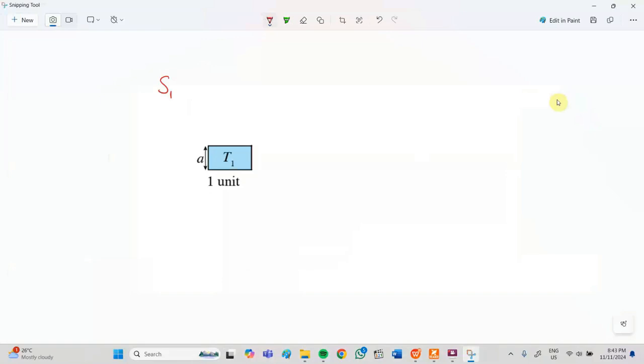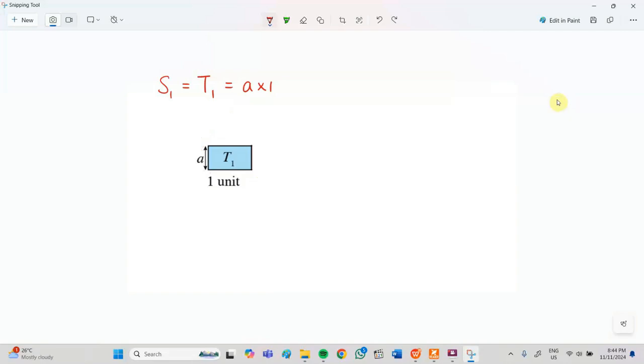For example, S1, the sum of the first term, is actually T1 itself, which is also denoted by the symbol A. And A can be written as A times 1. And A times 1 can also be represented by this rectangle here, where A is the height and 1 is 1 unit of the length here. Why we are going to represent this in block form will make sense in a while.